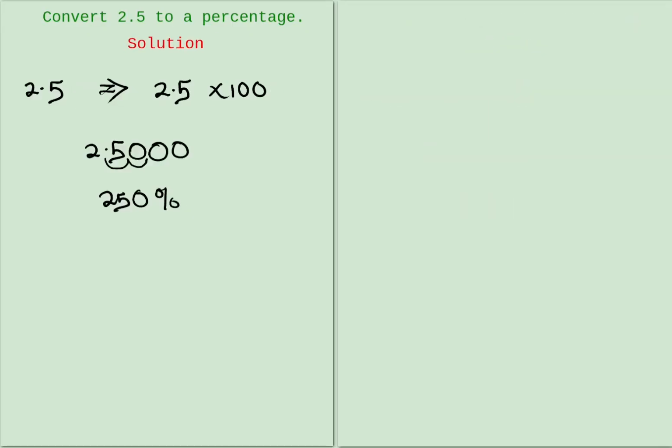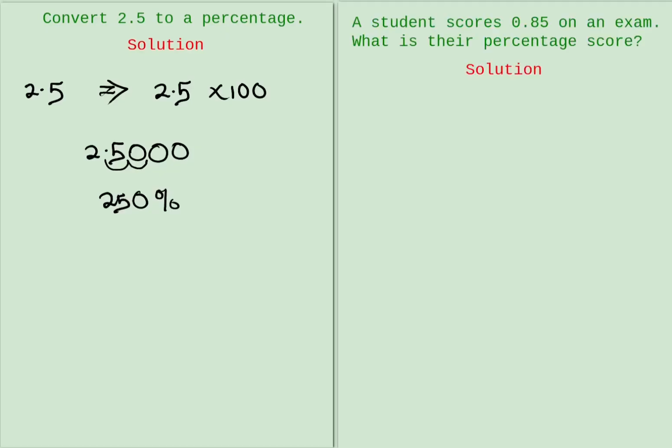Now, there are so many practical applications of this simple formula, and we will solve one of them. This example says a student scores 0.85 on an exam. What is their percentage score?